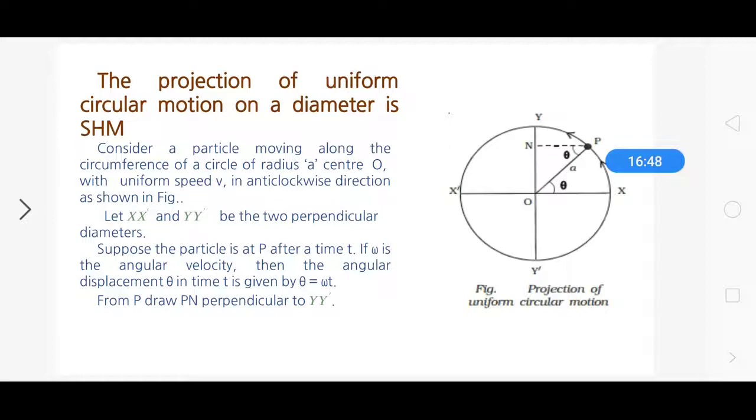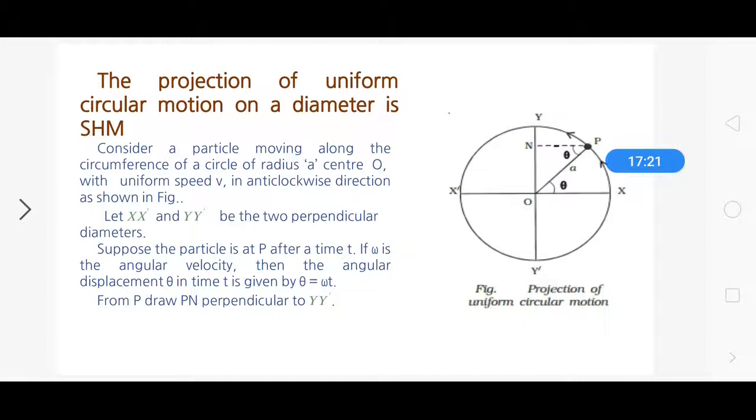In the circle, x dash is the horizontal diameter and y dash is the vertical diameter. X dash and y dash are the two perpendicular diameters. Now the particle is initially at point x.